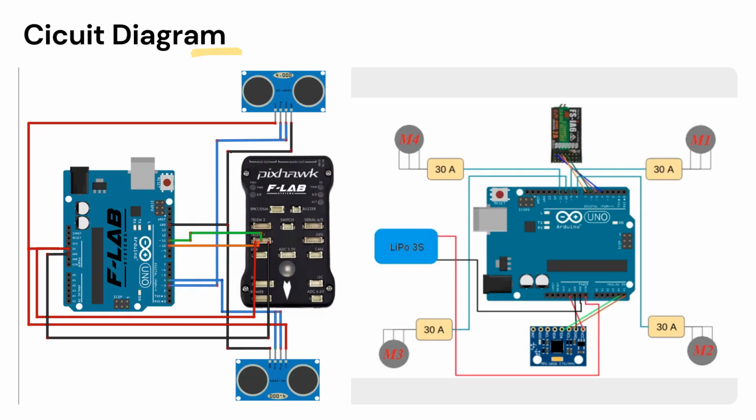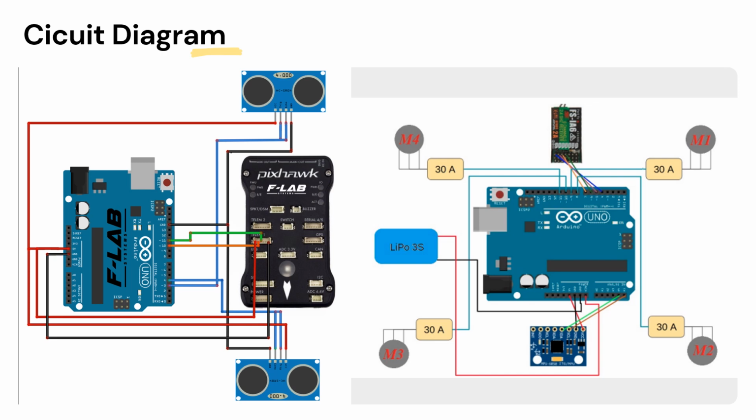So let us understand the circuit diagrams of both the quadcopters which we made, one with Arduino Uno and Pixhawk and one with purely Arduino Uno. In the Pixhawk one, you can see the Arduino Uno is receiving sensor data and is connected to telemetry 1 of Pixhawk, in which it uses interrupt programming for interrupting the Pixhawk's work and avoiding the objects whenever it comes nearby to them.